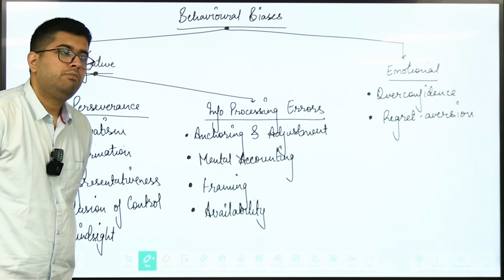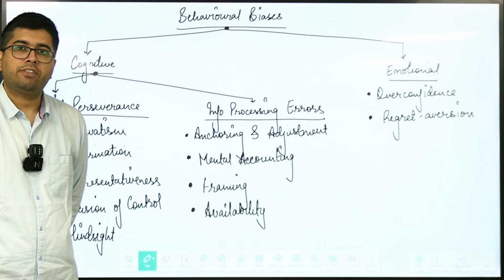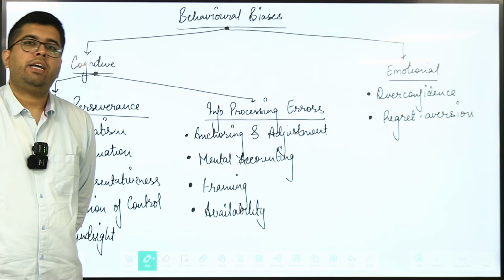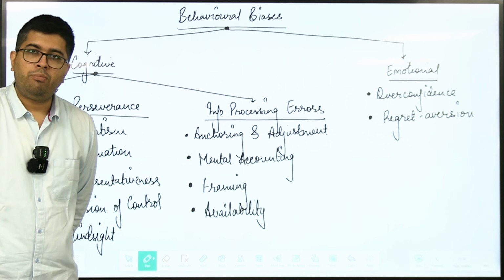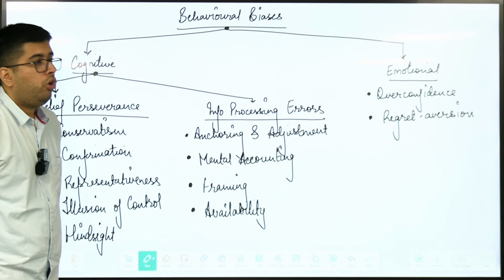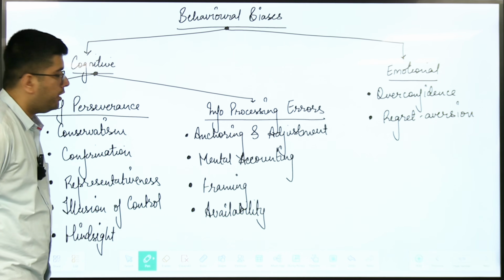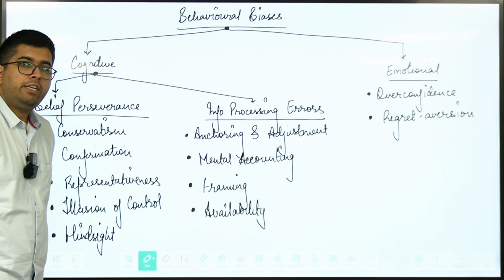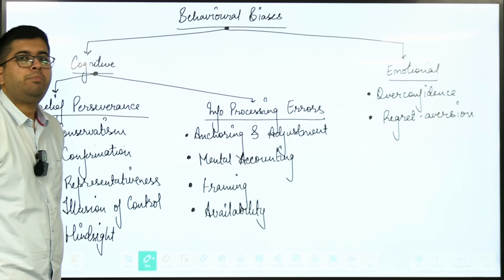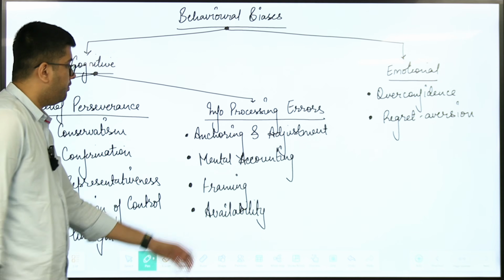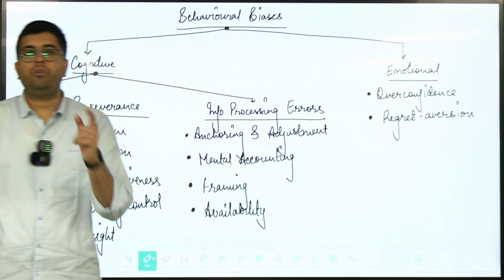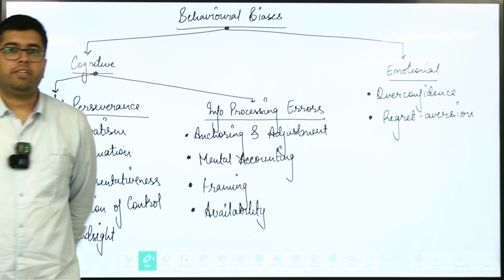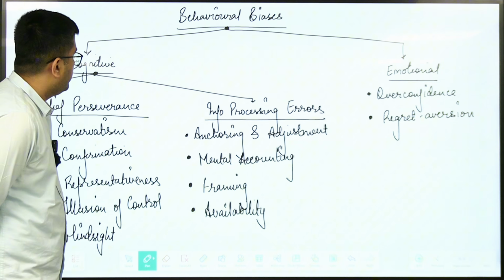We prefer to look at the information which I have access to easily and use that as the information from which I will form my opinion. So if you all had to make investments, chances are most of the people are not doing any assessment themselves. They are simply looking at some assessment done by another analyst and simply copying it. Why? Because someone else's work is more easily available than doing the work yourself. So that is availability bias.